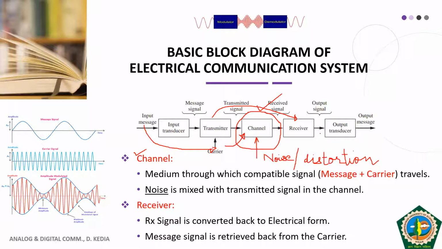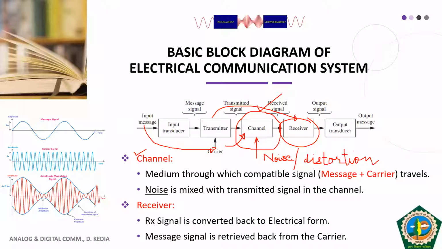So the job of the receiver is difficult, because when you reach the receiver side, you are exhausted, because your signal has traveled from the transmitter to the receiver, which was at a very long distance. We already know that when a signal travels from one place to another, the strength of the signal comes down.